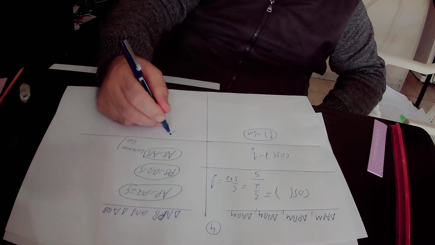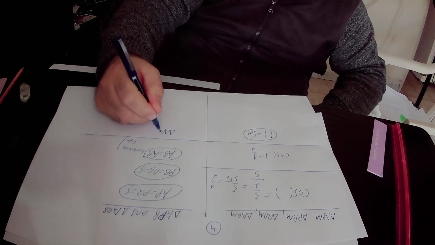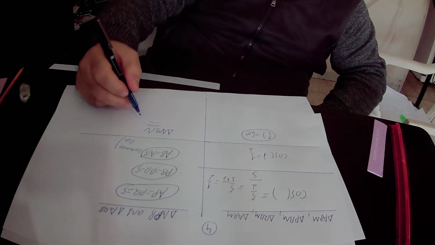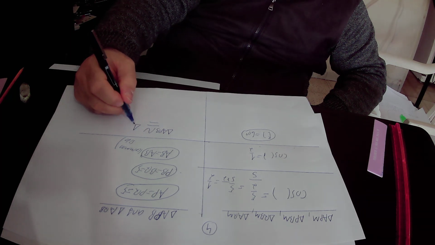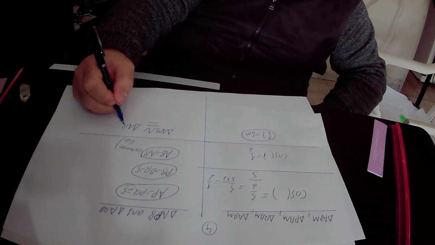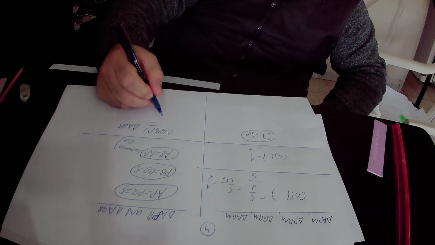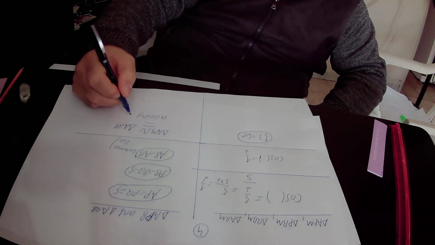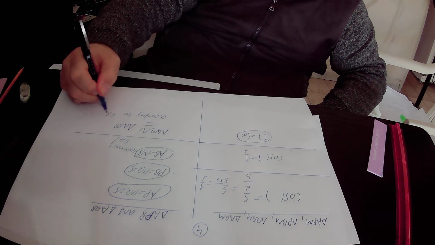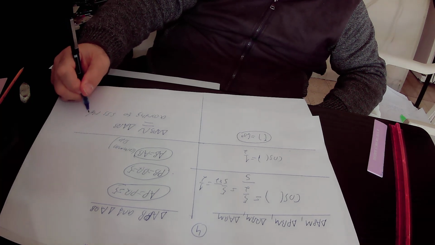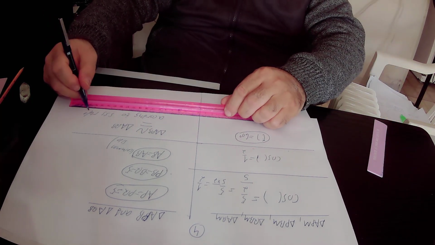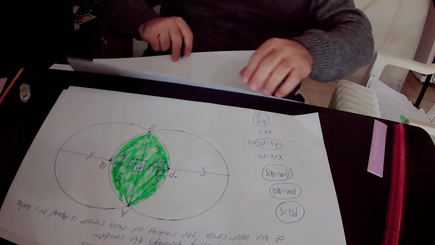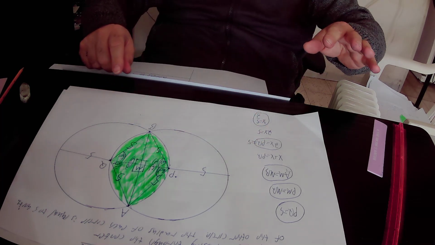So triangle APB is congruent, this is the sign for congruent, to triangle AQB according to the side rule.